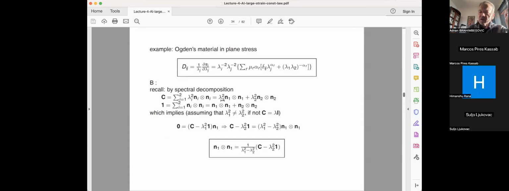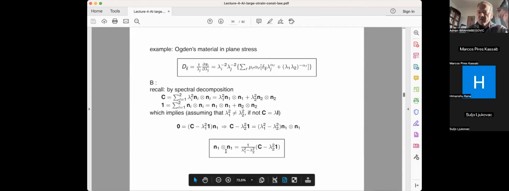This is lambda 1 squared N1 tensor N1, plus lambda 2 squared N2 tensor N2. And the identity would be the same thing, only instead of lambdas you have just ones. With these two together, I can write that C minus lambda 1 squared identity is equal to this. Hence, N1 tensor N1 can be expressed as 1 over lambda 1 squared minus lambda 2 squared, times C minus lambda 2 squared identity.